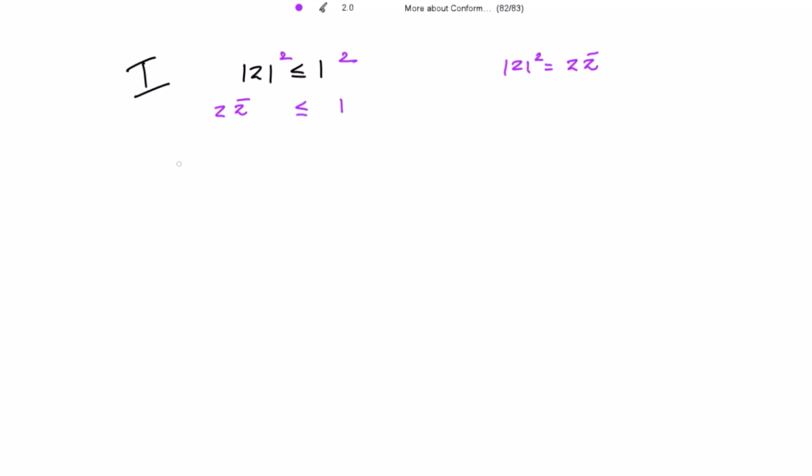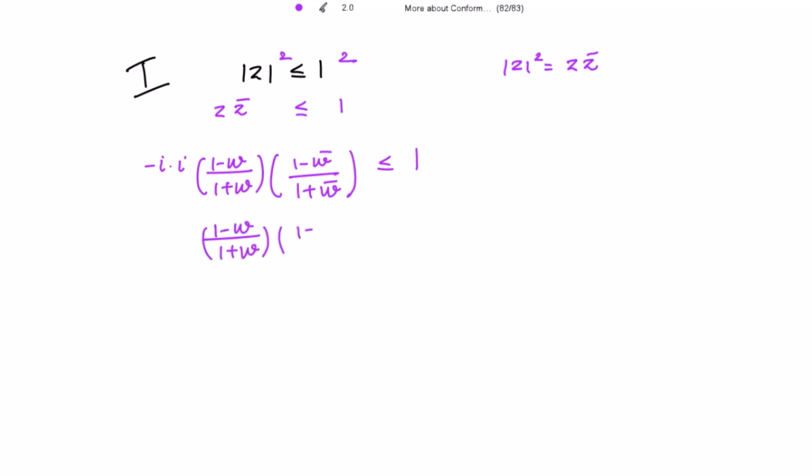So z is i(1 − w)/(1 + w), and here z bar is negative i times (1 − w bar)/(1 + w bar). This is less than or equal to 1. i square is negative 1, so negative 1 into negative 1 is 1. So we have (1 − w)/(1 + w) times (1 − w bar)/(1 + w bar) less than or equal to 1.